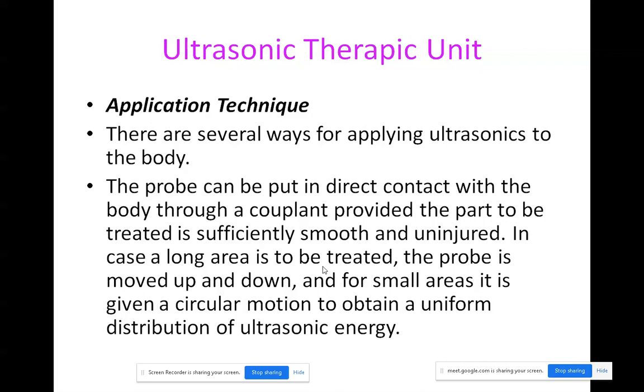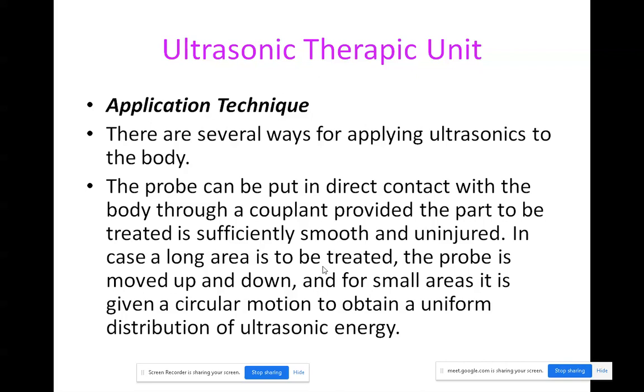So this may be applicable for a small area of the body. In case a long area is to be treated, the probe will be moved up and down along the long area, and for a small area a circular motion is given.